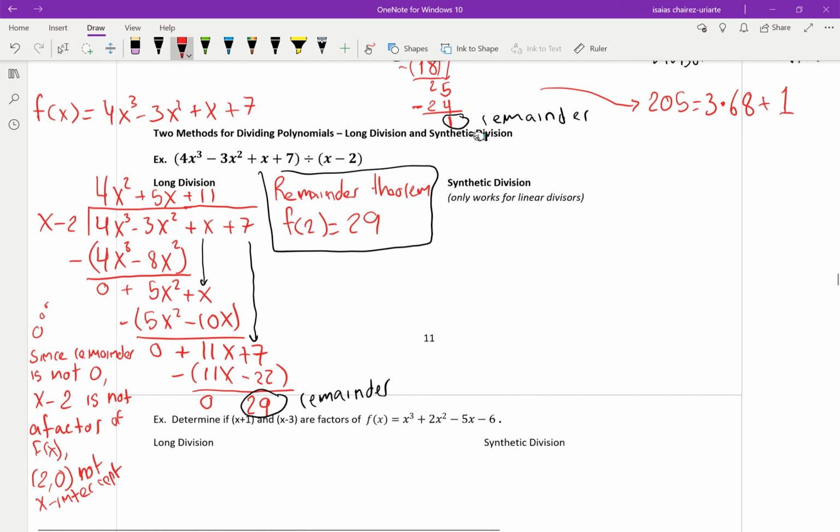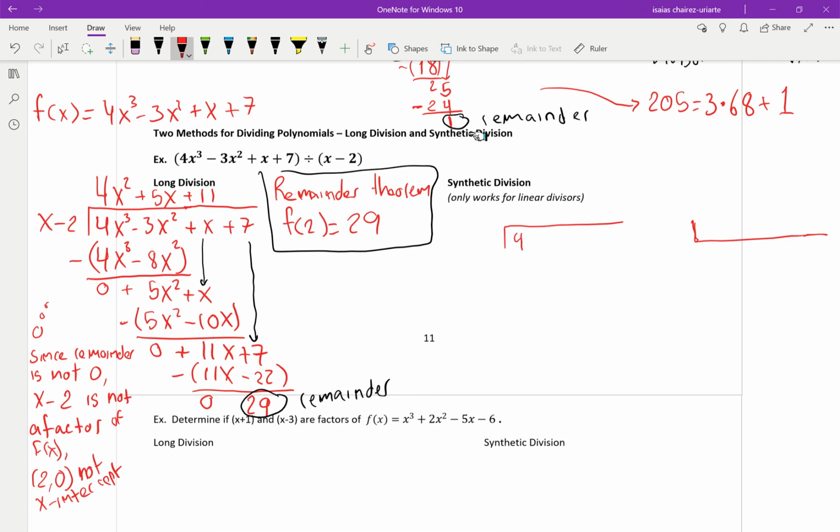So let's see. I'm going to set up the synthetic division. The way you set it up is like this. You draw your little house again. Sometimes it's drawn like this, other people draw it like this. It doesn't matter. I'll do it both ways simultaneously. Pick your flavor. And then inside, you put the coefficients in descending order of your dividend.